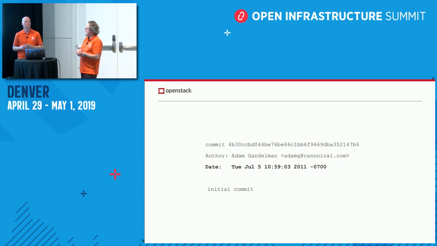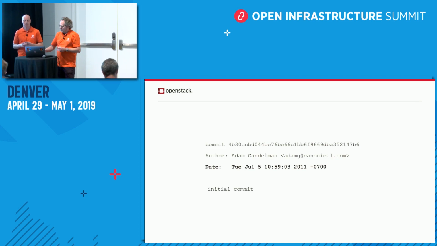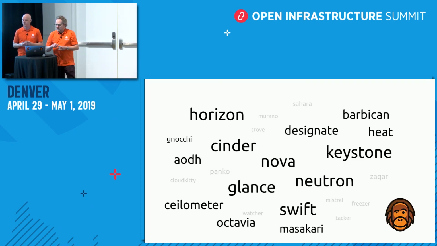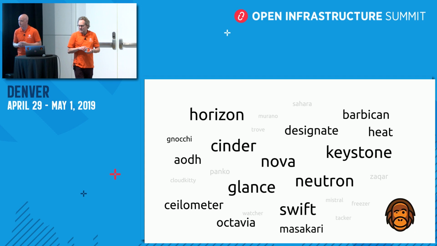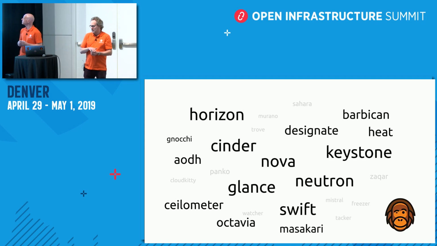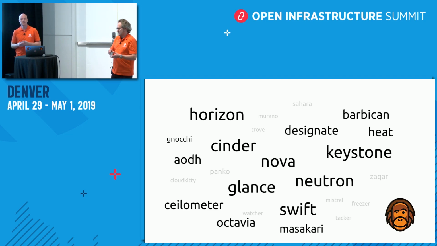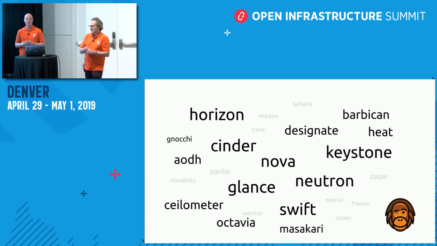We've been around for a long time, so the first commits in our Git repos date back to 2011, almost the dawn of OpenStack, but not quite. We cover most of the major projects within OpenStack, all of the core infrastructure as a service projects, as well as some of the more peripheral stuff around telemetry, DNS, secrets, orchestration, object storage.